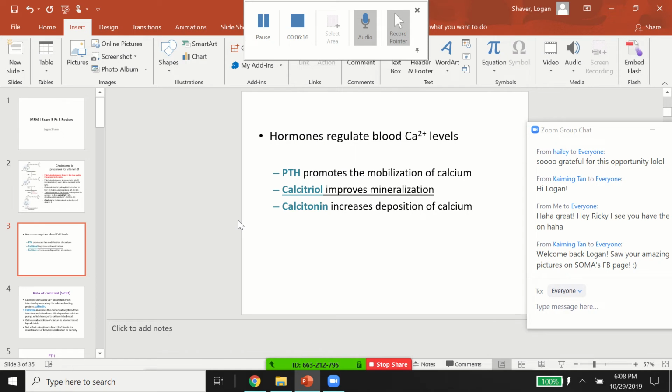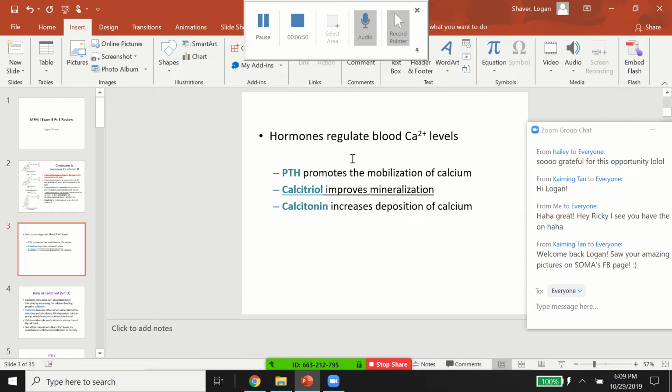The difference between it and PTH is that it's going to be getting calcium with it, because it is vitamin D, but it's also going to be getting phosphate. PTH actually tries to get rid of phosphate, while calcitriol is going to be getting phosphate. So there is a little bit of difference between the two. I don't know if she really highlights it all that well, but if she does, I'll be sure to note that.